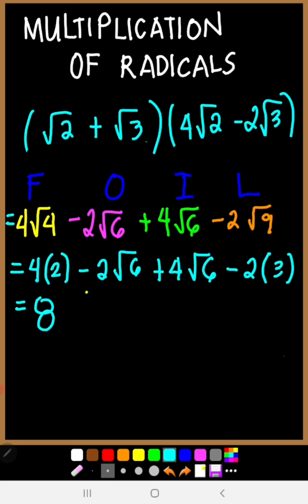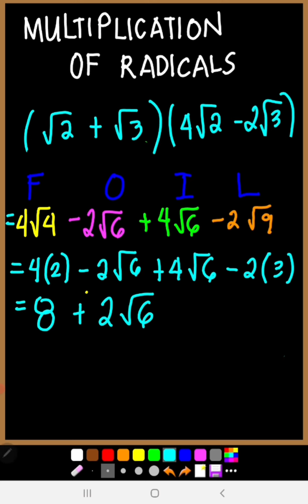So, negative 2 plus 4 square root of 6, that is positive 2 square root of 6. Diba? Parehas ng base, parehas ng index. So, ang gagawin mo lang, i-add or i-subtract yung mga coefficient nila. And negative 2 plus 4, that is 2. And then, just copy the radical expression, square root of 6.